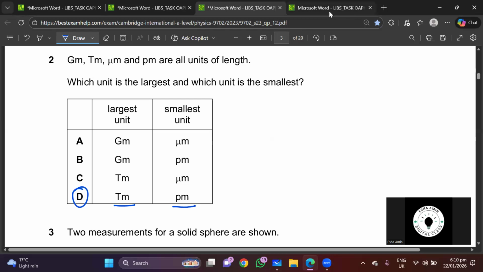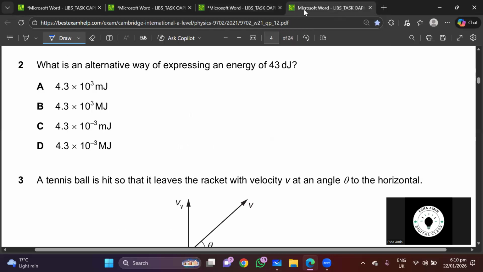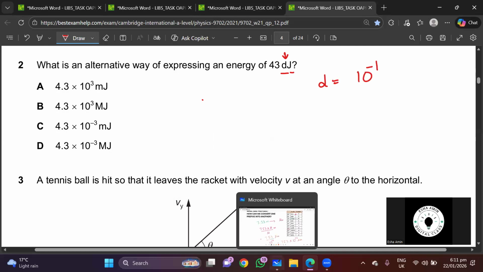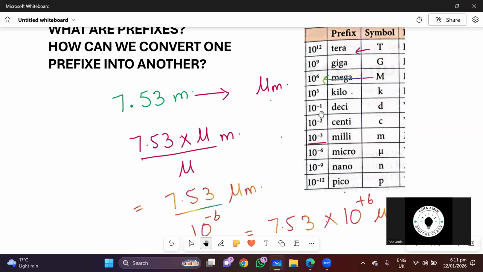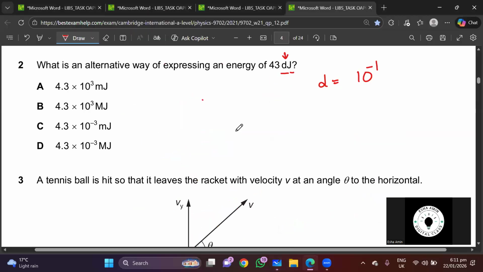Okay, one more question. Okay, so they are asking you what is an alternative way of expressing an energy of 43 decijoules. Okay, so this D represents deci. And what is the value of deci? Deci value is 10 power minus 1, right? This is deci, 10 power minus 1.